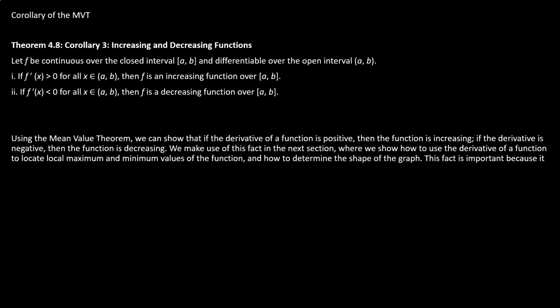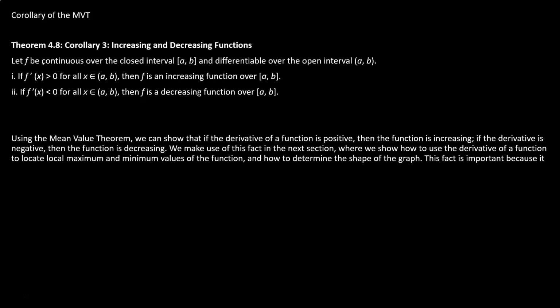Now the purpose of talking about the mean value theorem really is so that we can talk about this corollary. This corollary tells us that we can use the mean value theorem to determine when a function is increasing and decreasing. Now, we've done this before with looking at a graph. We can identify when the function value is increasing and when the function value is decreasing, but this makes it more formal.